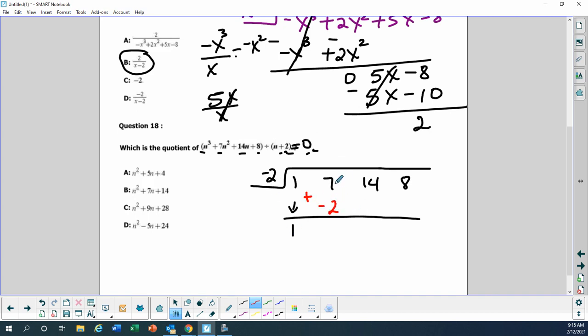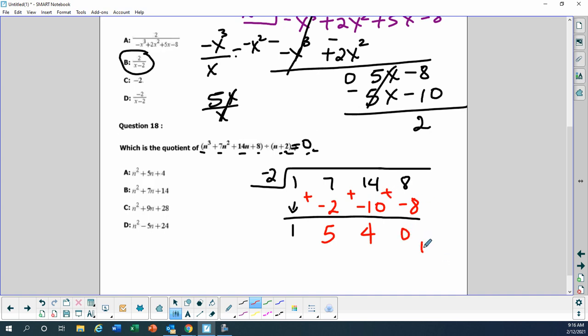Now you add: 7 plus 2 is 9. Wait, correcting: 7 minus 2 is 5. 5 times -2 is -10. 14 plus negative 10 is positive, because 14 is the larger number, so it's 4. 4 times negative 2 is negative 8, plus 0.